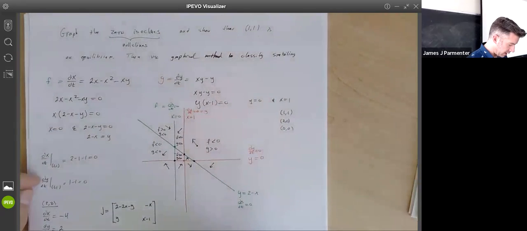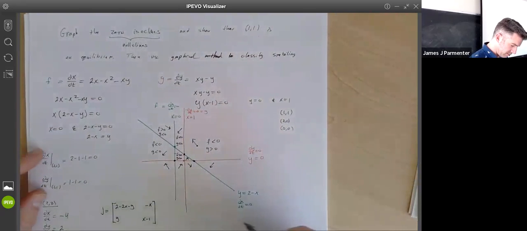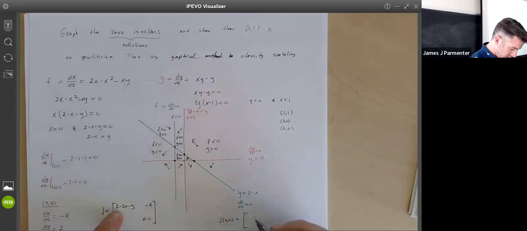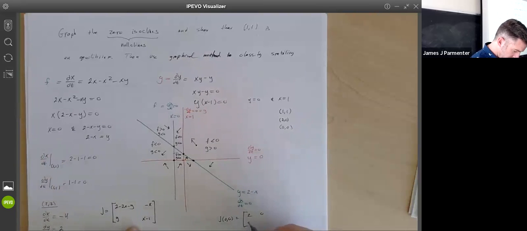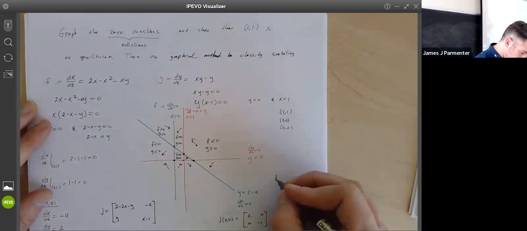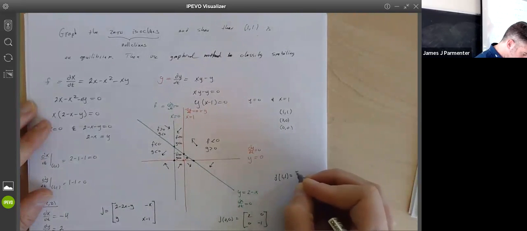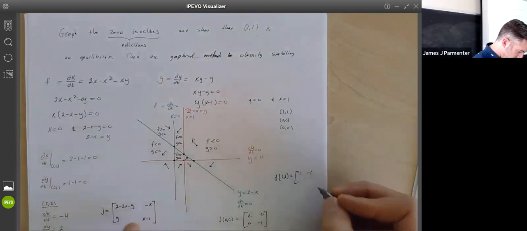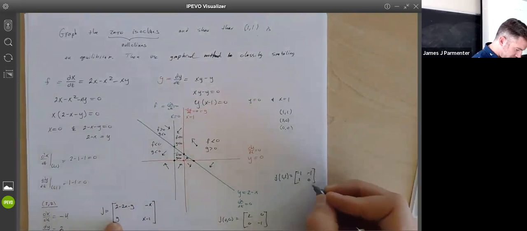You could plug in 0, 0 and get the matrix 2, 0, 0, negative 1 and see that you have a saddle there. And you can plug in the point 1, 1. You get 2 minus 2 minus 1, minus 1, 1, 0.